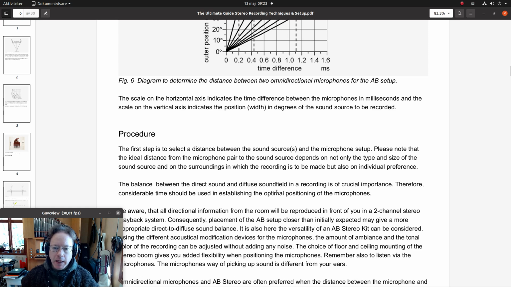With the AB setup, mostly this is used with omnidirectional microphones, and they can be used quite efficiently to capture the room characteristics. We are actually dealing with time difference here and not so much level to achieve the stereo image.